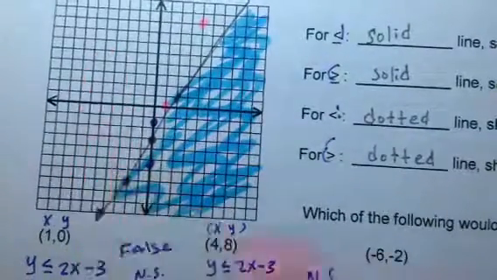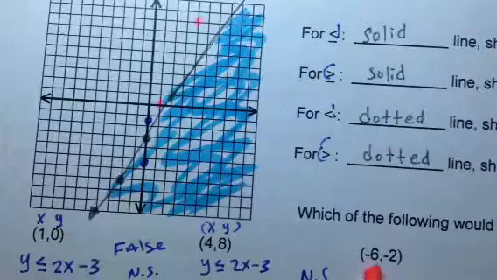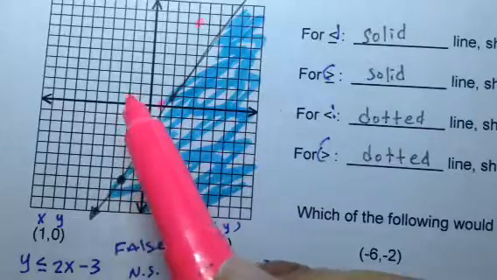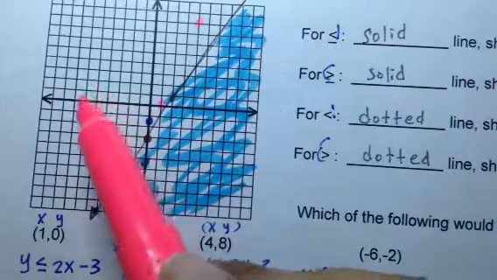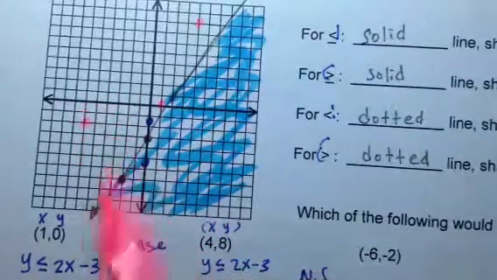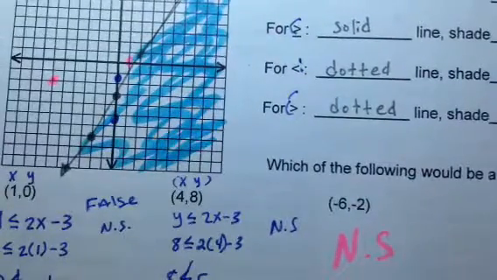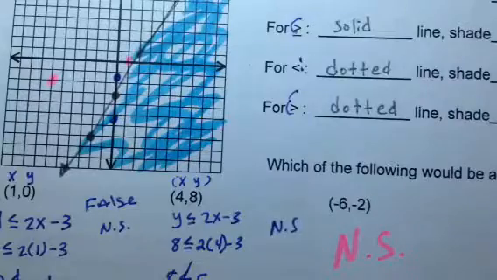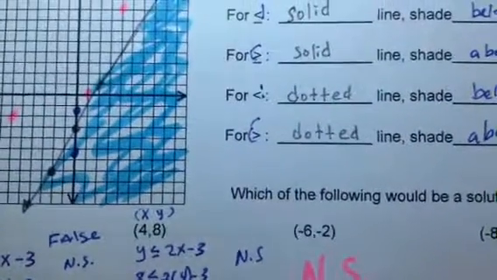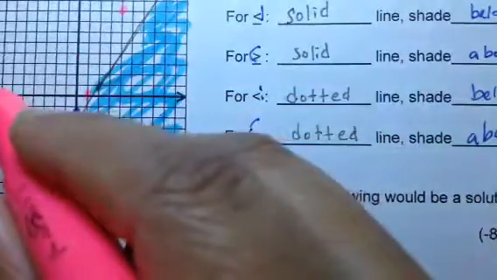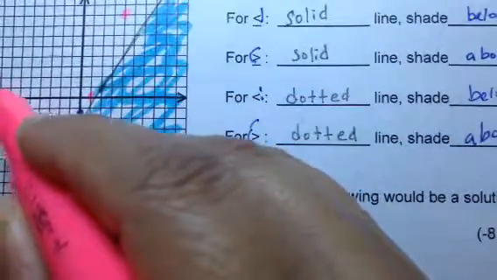So if you have it graphed, we're going to do this one. We're going to do -6, -2. So I'm going to go down to -6, 1, 2, 3, 4, 5, 6, and over 2. See how that's not in there? This would be not a solution, sorry. -8, 0 can be right here.